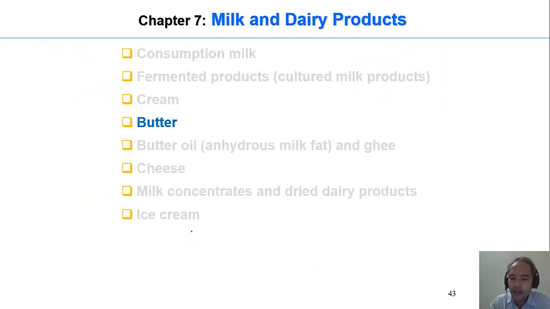Yes, so we are done with creams. What is cream? Again, cream is just a fraction that we separate from milk, but with higher fat content. Creams can vary from above 4% of fat to much higher, but a typical cream is around 40% of fat.